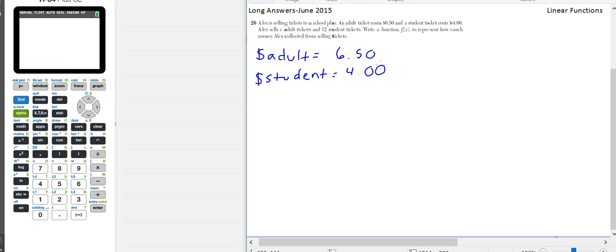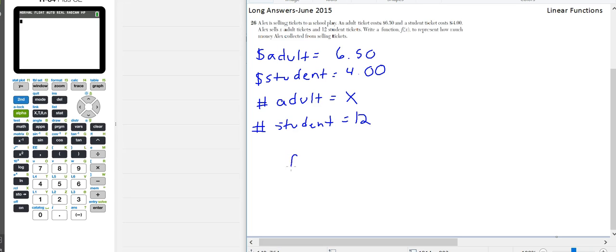Alex sells x adult tickets, so we know the number of adult tickets is x. And he sells 12 student tickets, so we know the number of student tickets is 12. And we want to write a function, f of x, to represent how much in total Alex collected from selling all his tickets.